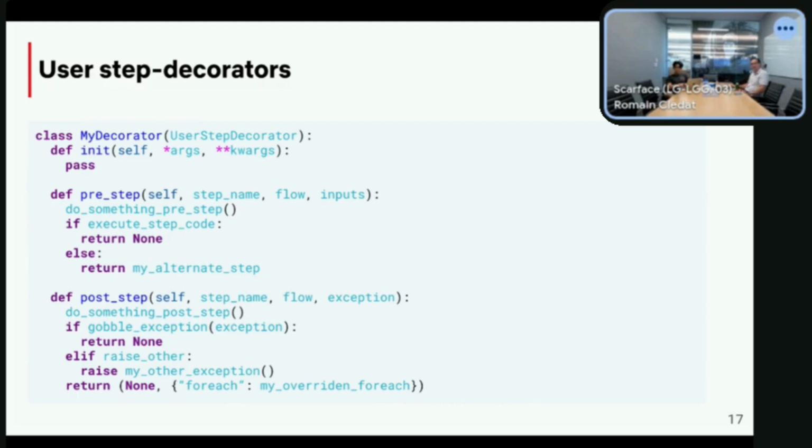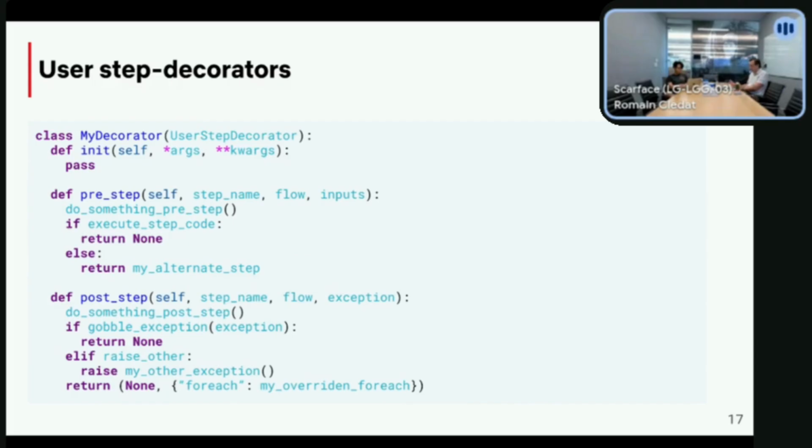Okay. So the first thing we introduced is what we call user step decorators. Unlike Metaflow decorators, they don't have the complicated lifecycle hooks that you just saw in the previous graph. They have two primary hooks: pre-step and post-step, which is what can I do before the step and what can I do after the step.